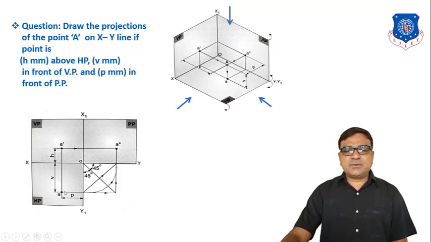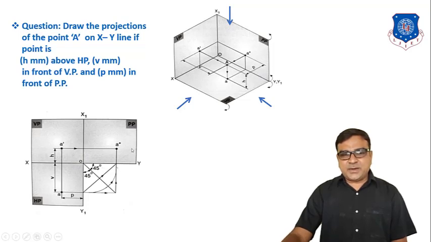So once you know the front view and top view, how will you get the side view? For that, you have to draw a line from the intersection of XY and X1Y1, from O, inclined at 45 degrees. From the top view, you extend a line parallel to XY up to the 45 degree line, and from this line you draw a vertical line parallel to X1Y1, and from A dash you draw a horizontal line.